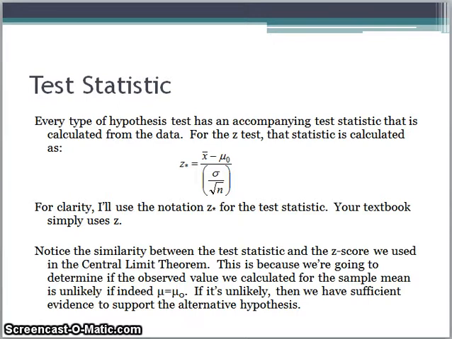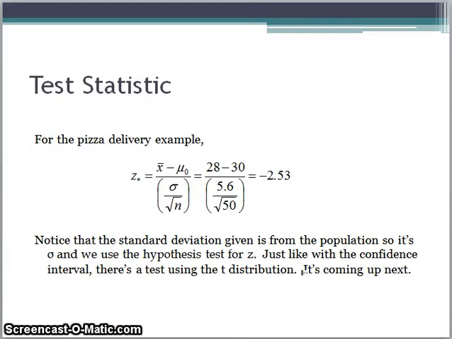So, again, the link to the central limit theorem. So for our pizza delivery example, if we plug in our example, they had a mean of 28 minutes minus the hypothesized value, which is 30, over, we said sigma was 5.6, and our sample size was 50.